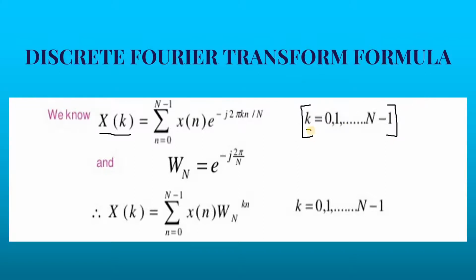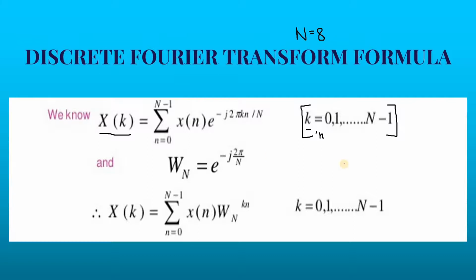This is not only the common term for k but also for small n. So we know that capital N is equal to 8.